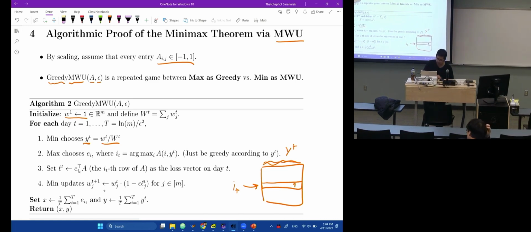And then for the next day, after updating the weight on each column, just choose the new distribution over columns after updating the weight. And this goes on for a few days.